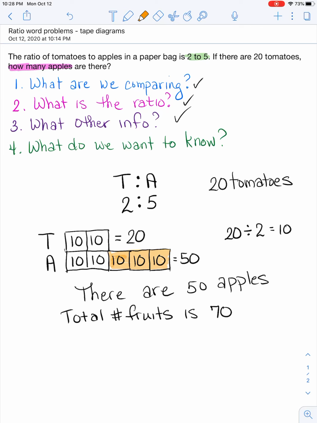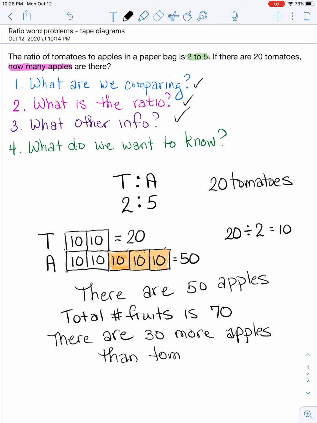So if there are 20 tomatoes, everything after 20 for the apples is going to be how many more. So how many more apples? You have 10, 20, 30 more apples than tomatoes.